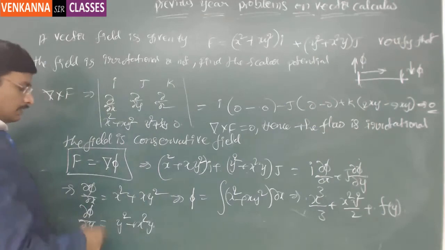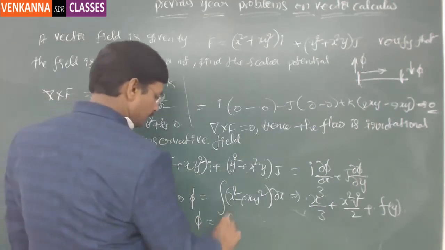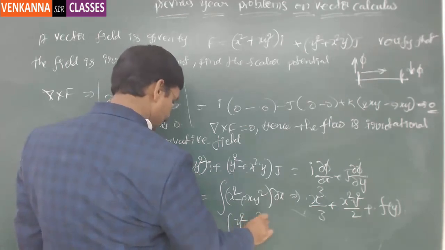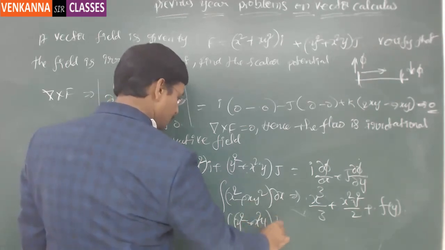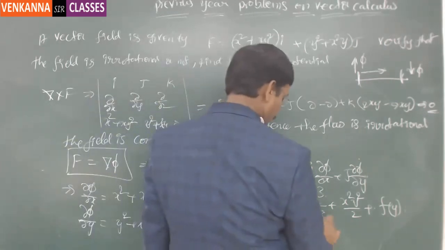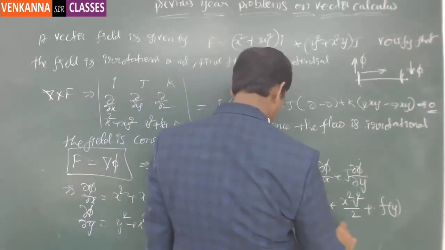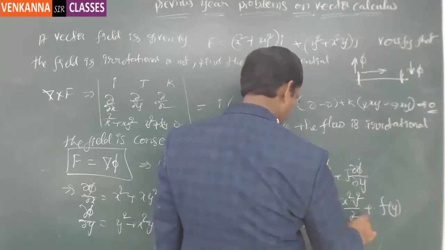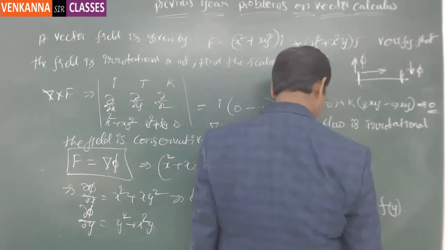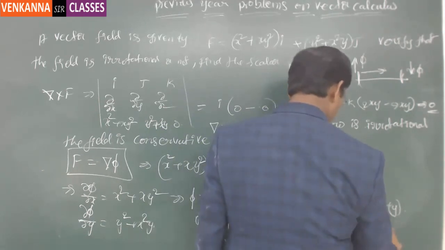Similarly, if you take phi as the integral of y square plus x square y dou y, this is y cube by 3 plus x square y square by 2 plus some function g of x.